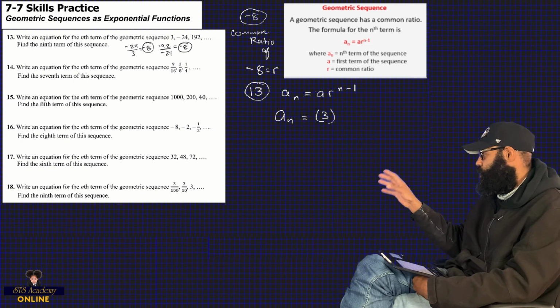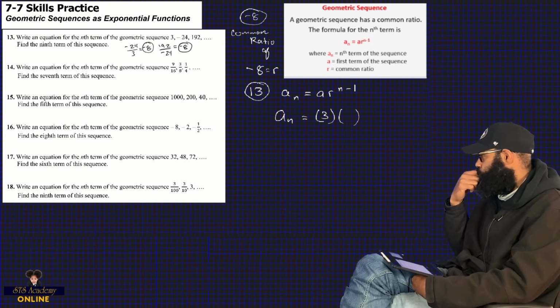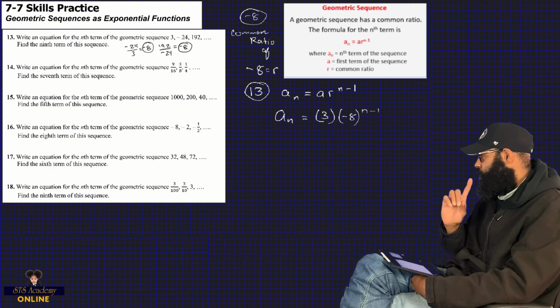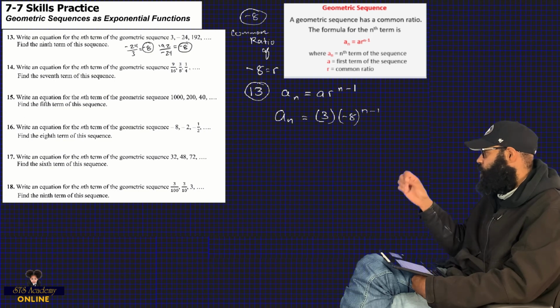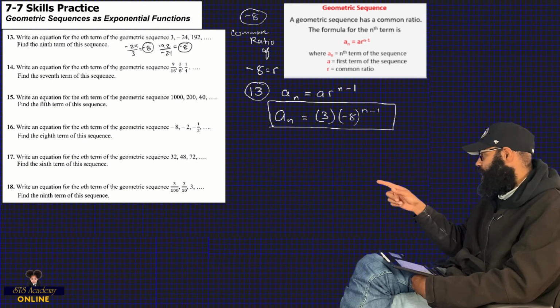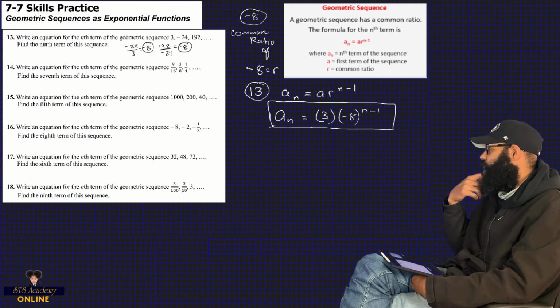Number 13, there's our formula we're going to use. We already know a sub n, the nth term, is equal to 3 times -8. Where did the 3 come from? First term of the sequence. Where did the -8 come from? Common ratio. Now I've got n minus 1 as my exponent.